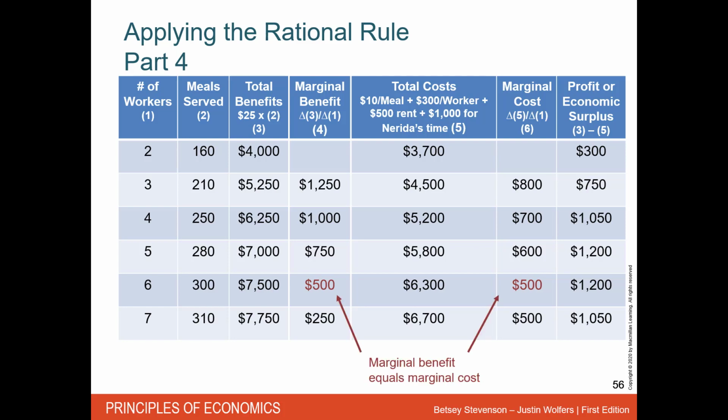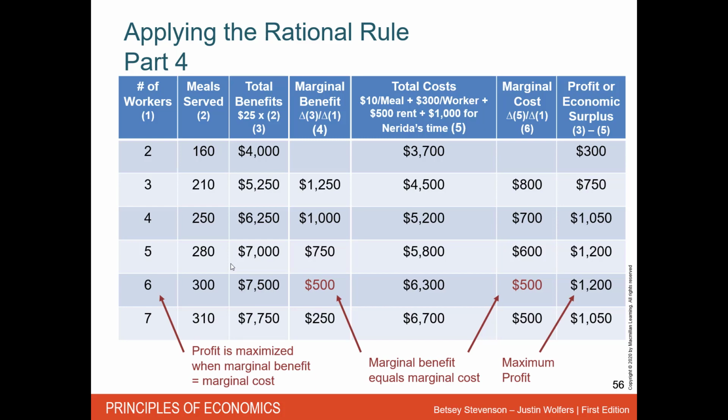The goal is to have them as close as possible. Also, look at the total benefits at 5 workers. Nerida can further increase her total benefits from 7,000 to 7,500. Therefore, the optimal number of workers to hire is 6 workers.